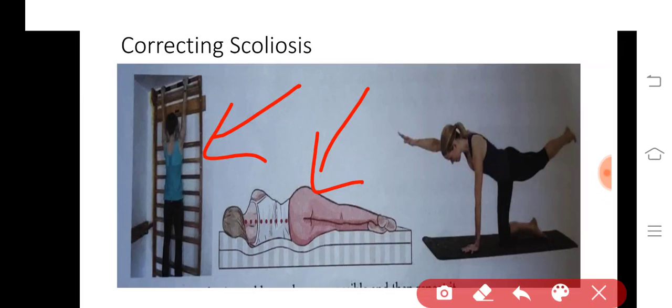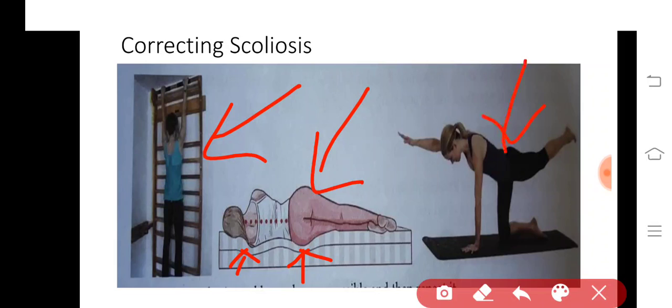The second corrective measure the victim can take: lay on the rolled towel, one under your neck and the other under the lower back. This is called spinal molding.